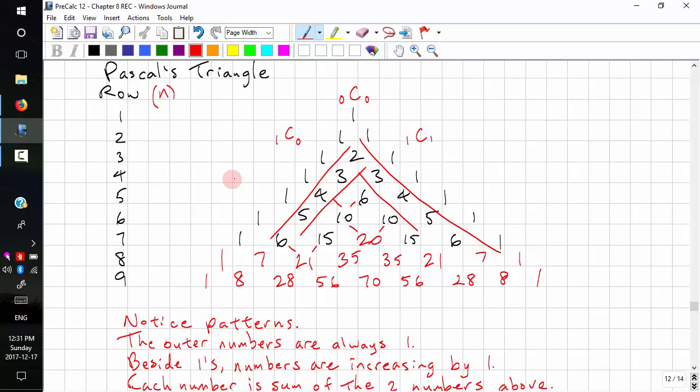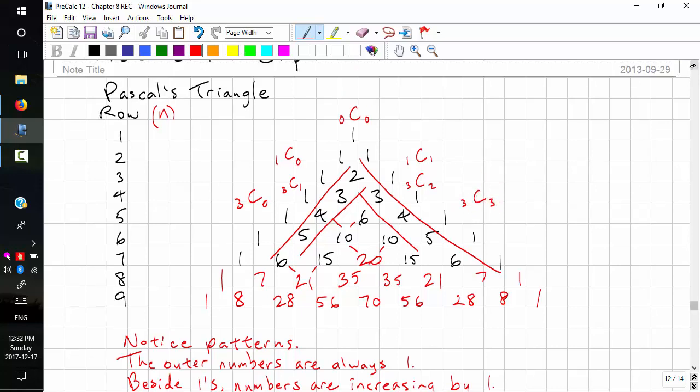In the fourth row, it's 3 choose 0, and then 3 choose 1. And then over here we have 3 choose 2, and then 3 choose 3. So the ordinal is 1, 2, 3, 4, and this is the third row. So we're decreasing the ordinal by 1, and we're decreasing the ordinal for the term number by 1.